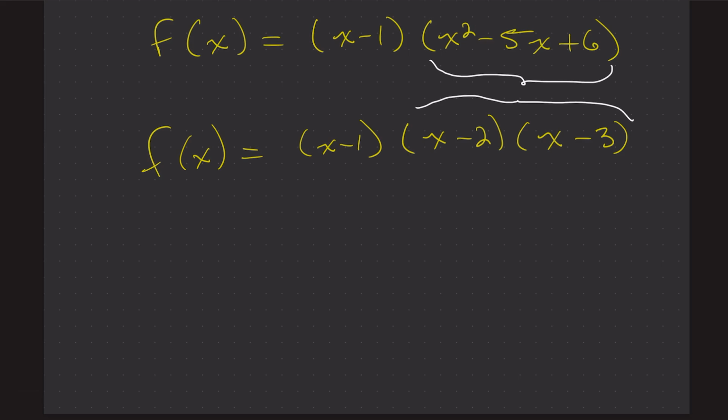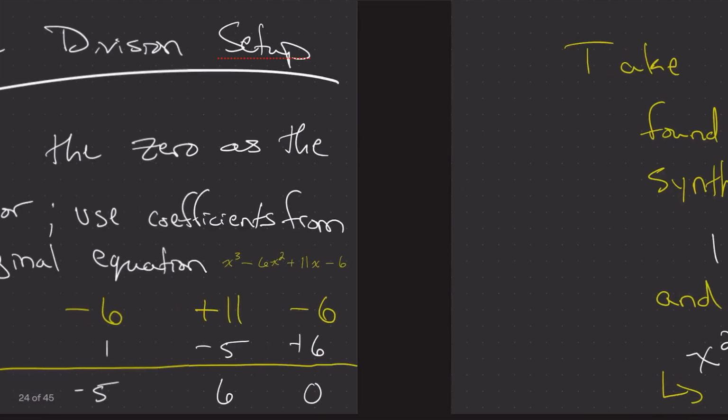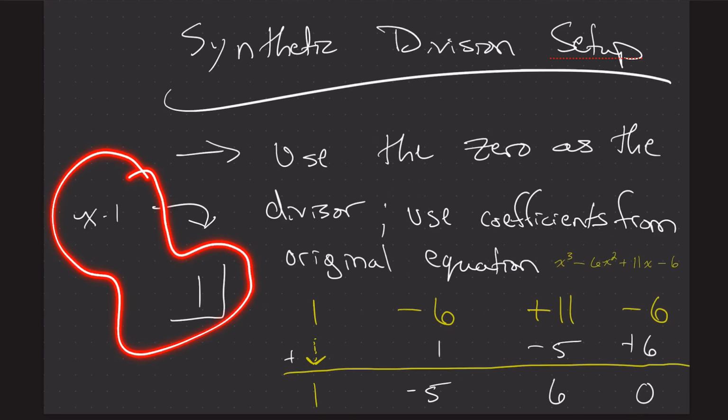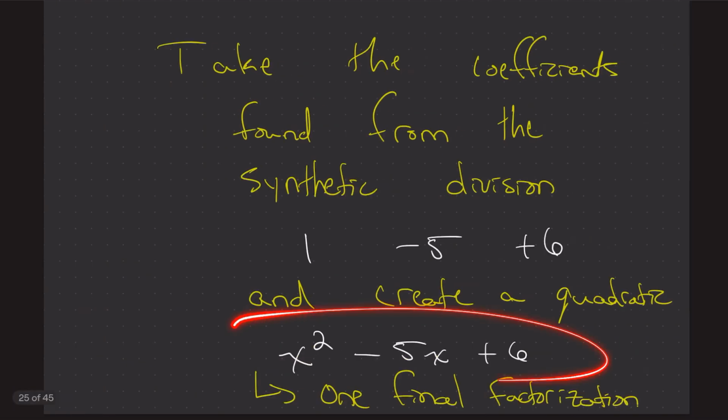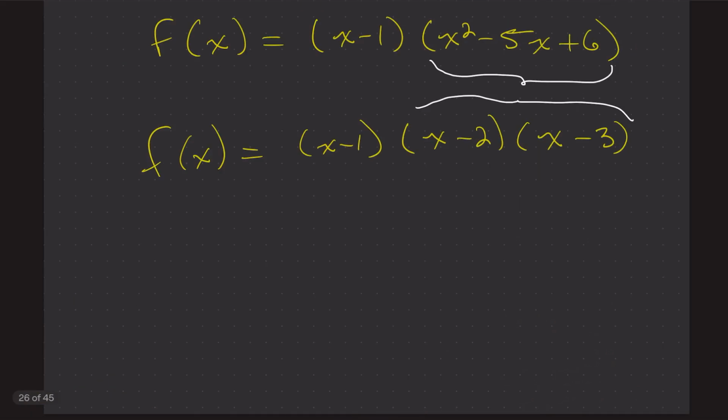So now we have that original factor that we plugged into our synthetic division, and we got out our coefficients so that now we can create this quadratic, and that factor multiplies by the quadratic to give us our original function, that original cubic polynomial. And then we factor this quadratic once more, we get x minus 2 and x minus 3. So our zeros are going to be x equals 1, x equals 2, and x equals 3.